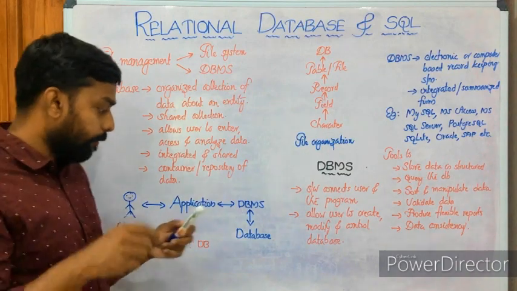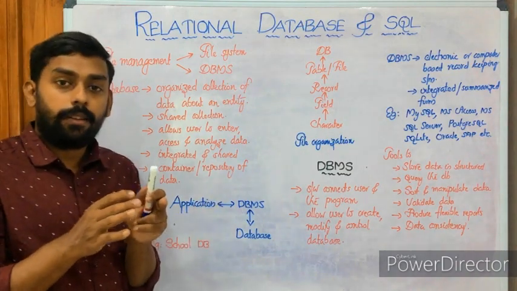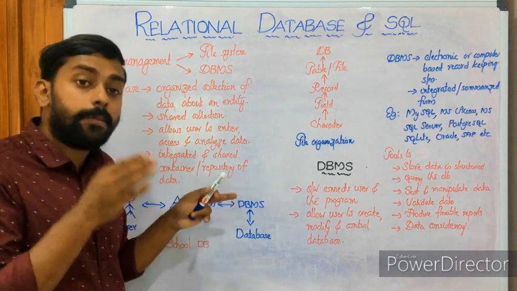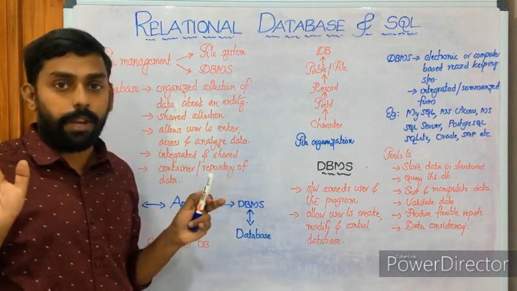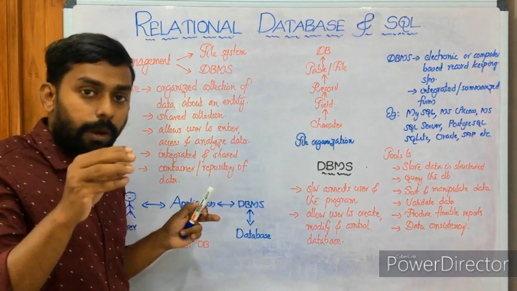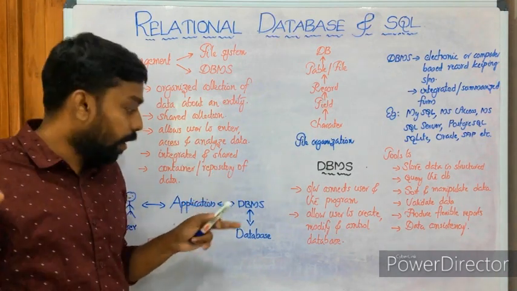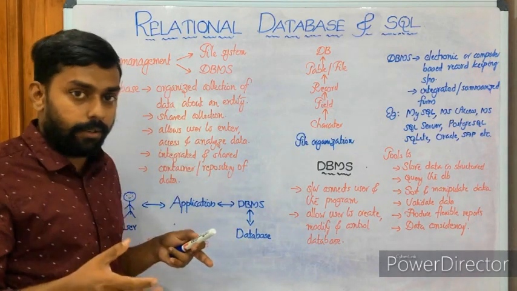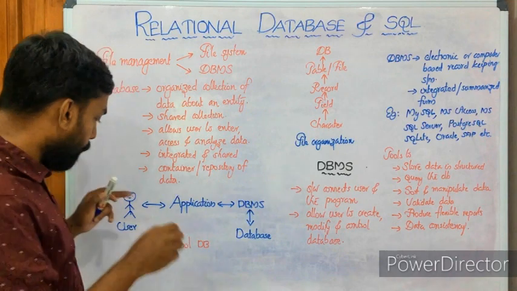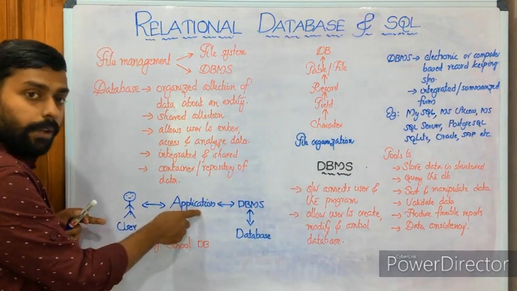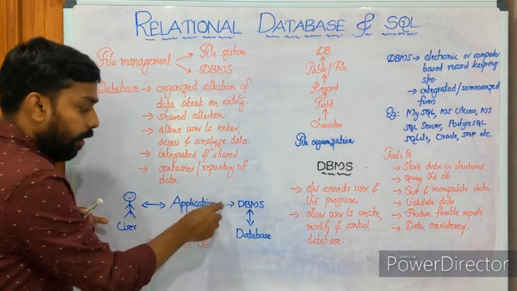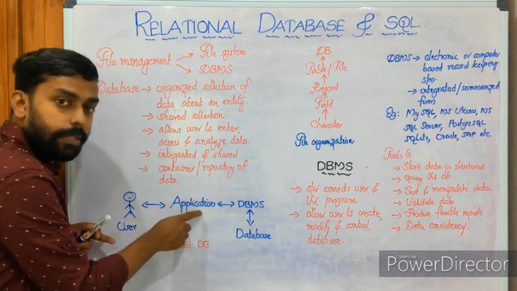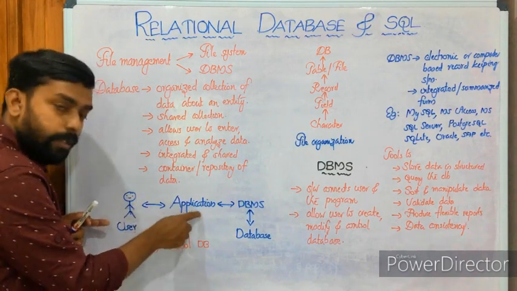Another important point is that the database is the hardware part, and the database management system is the software part. The database is the exact place where we store and manipulate the data. So here is a user, and here is the software, the school management system, and the user interacts with the software.